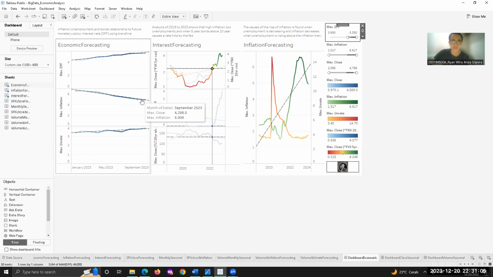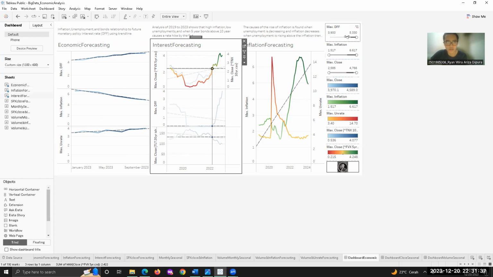This decrease in inflation also increases unemployment, because it creates a decrease in profit in businesses, which then decreases job opportunities, which means decreased income for people, which is why the unemployment rate is increasing here.